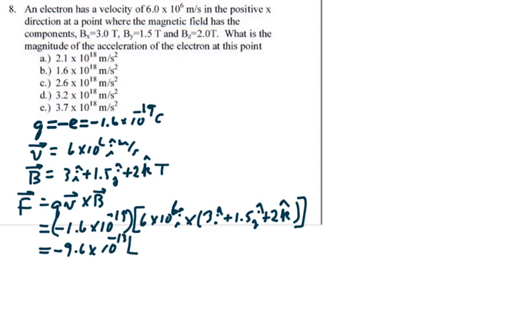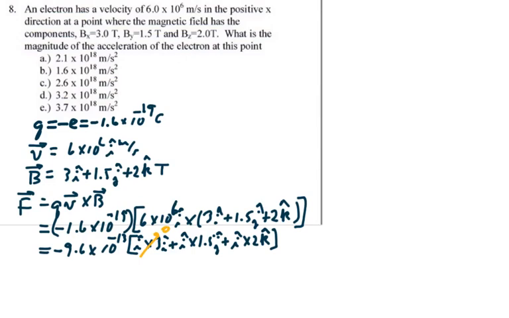And then what I'm left with is i crossed with 3i plus i crossed with 1.5j plus i crossed with 2k. Any vector crossed with itself is going to be 0.